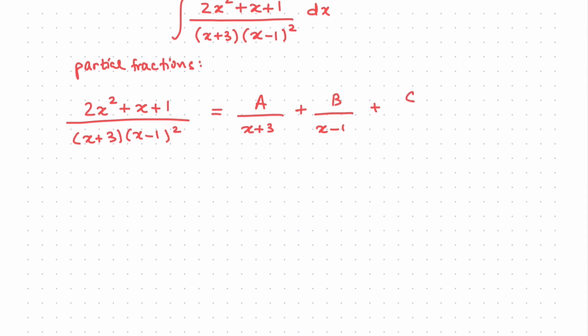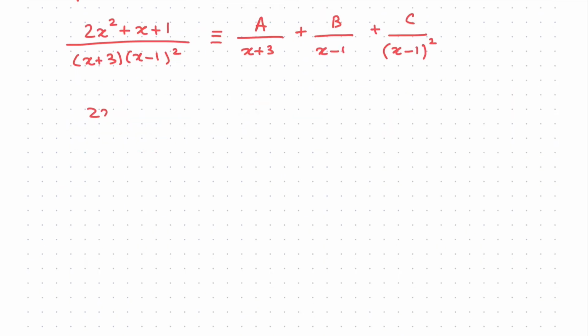So we write another term, C over x minus 1 whole squared. If you had a power of 3, then you would also write another term, D over x minus 1 to the power of 3. If you had a power of n, you would keep going until you reach the power of n. That's how you do partial fractions when you have a denominator in this form. Now we can multiply both sides by this denominator.